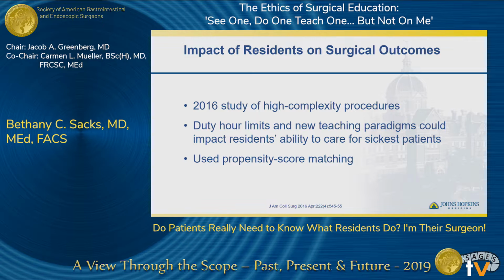In 2016, this was a larger study. The previous one was about 40,000 patients with residents and 20,000 without. This was a large study, and their hypothesis was that with the new duty hour limits and teaching paradigms, would residents still be able to care for the sickest patients? They used matching.